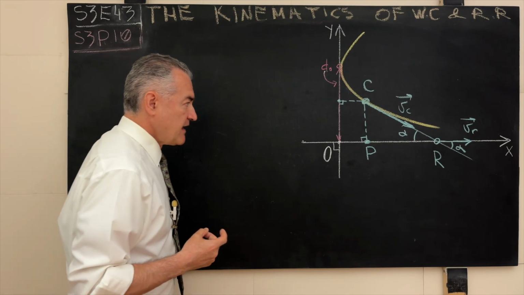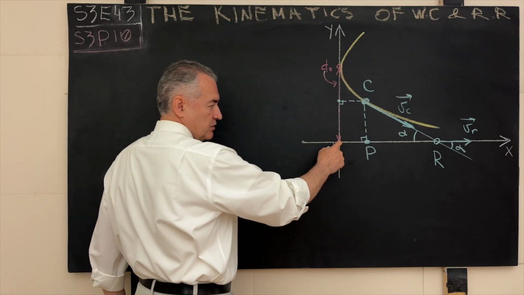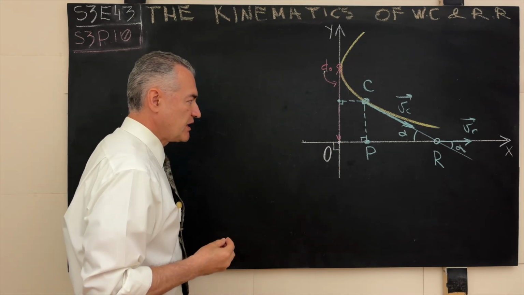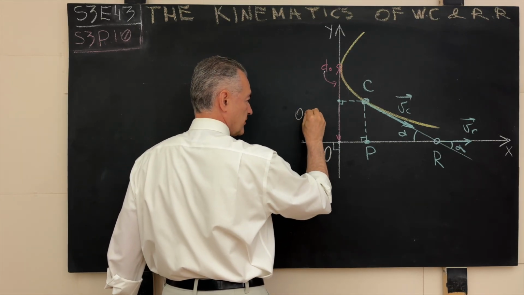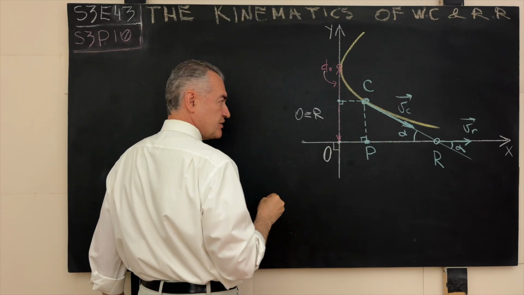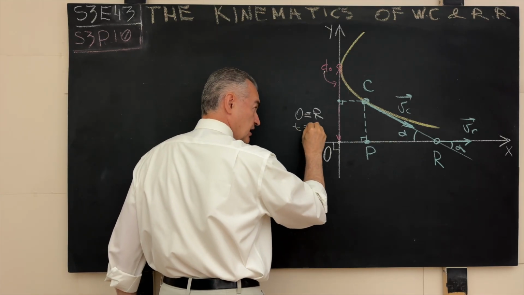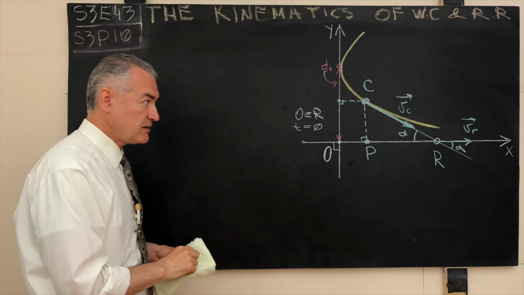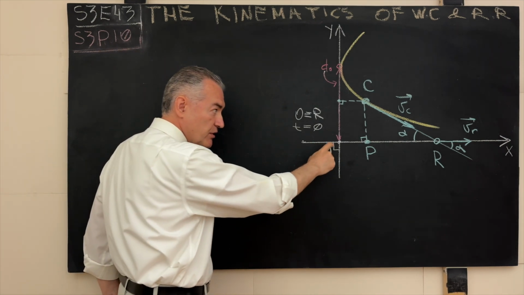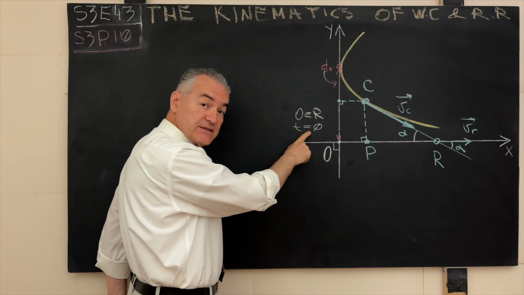Let's say that starting from this point over here, and don't forget, remember that at the point O, we have the point R initially, but this is also the moment of time where we click, launch our timer. So from this point, the time is 0.